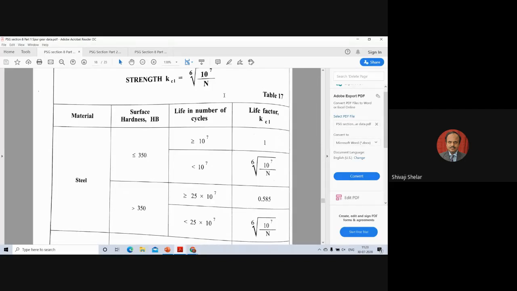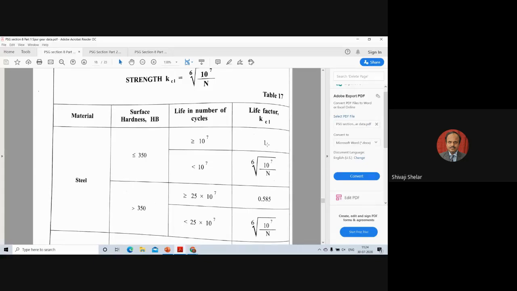If you have been asked to design for a particular number of cycles, or your client wants your gear to complete a minimum number of cycles, then you select the number of cycles and calculate the KC1 life factor by this formula. If your SB is less than this, and if HB is greater than that, these formulas will be used, and KC1 will be selected as 0.585. Since my value of hardness is less than 350, we are selecting the KC1 factor as 1.